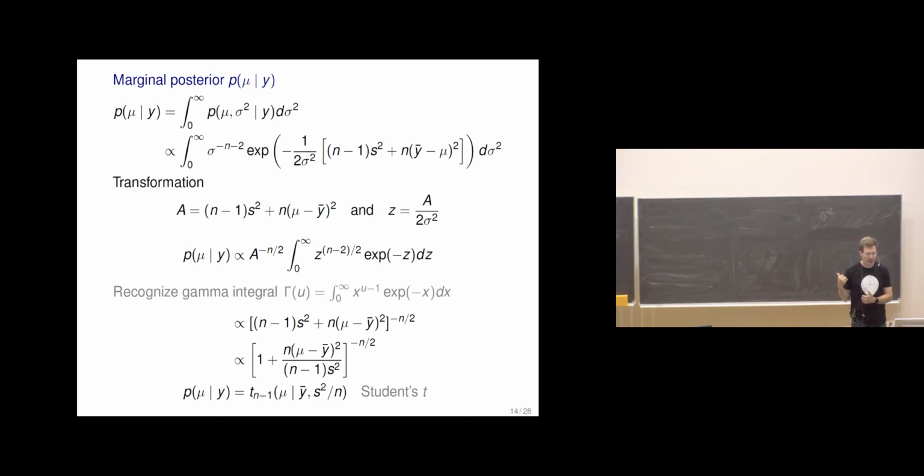One is to think about conjugate priors. As was previously discussed, in the case of conjugate priors the prior has to have the same form as the posterior. We've seen the marginal posterior for sigma is inverse chi-squared.